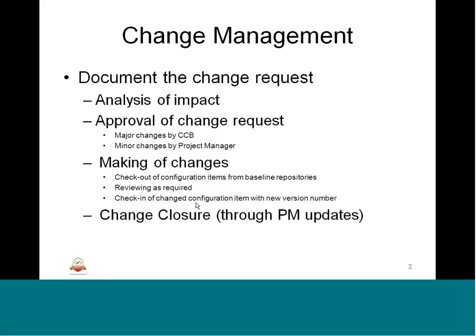That's how we make changes to documents, code, test cases, anything that is part of the configuration items, CIs. Then we close that particular change, saying that it is baselined or available for release or delivery. That is the change closure.